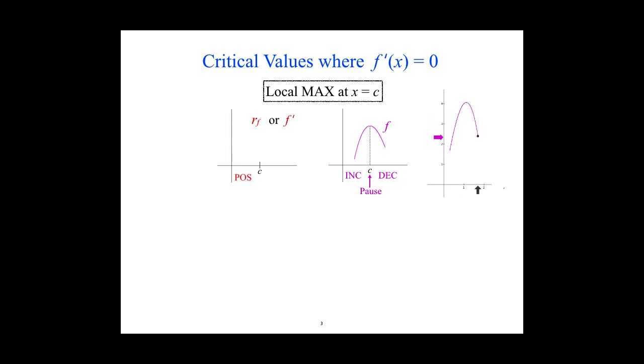If this pauses for a moment, it's not really a whole interval there, but for a moment I can imagine that the rate of change is 0. And then when f is decreasing, its rate of change would be something negative.